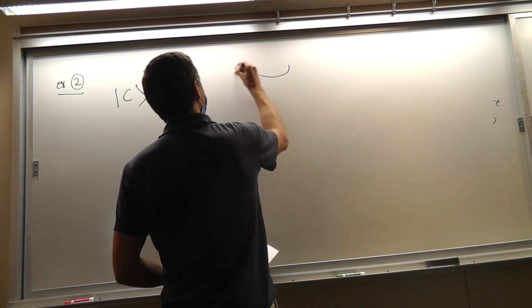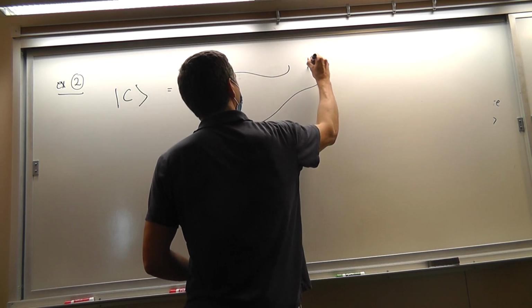So, as another example, the point of this example is to illustrate that any cut path integral defines a quantum state. So I'm going to define a quantum state called C. C is for crazy. And this is the quantum state defined by this path integral.